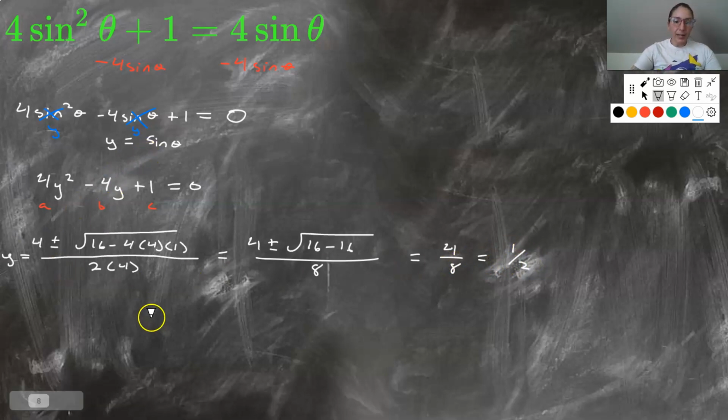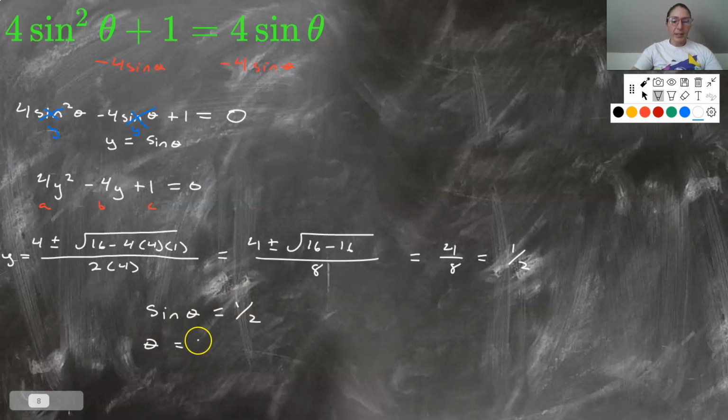Y is sine. Because we solved, y equals 1/2. That's great, but remember, we substitute y and sine. So at the end, change y into sine. Now where does sine equal positive 1/2?